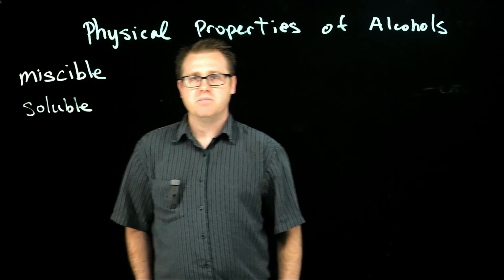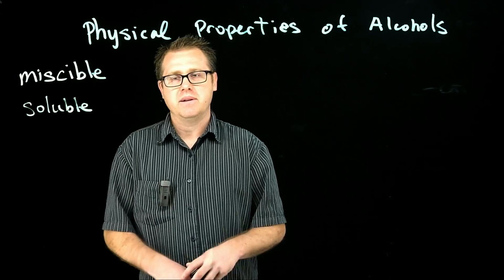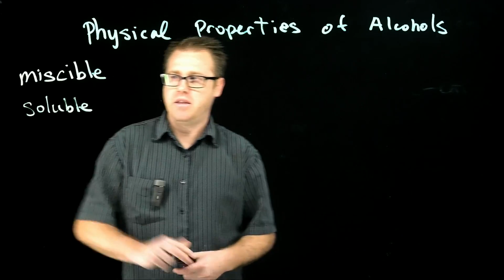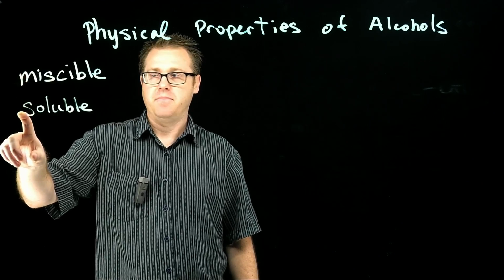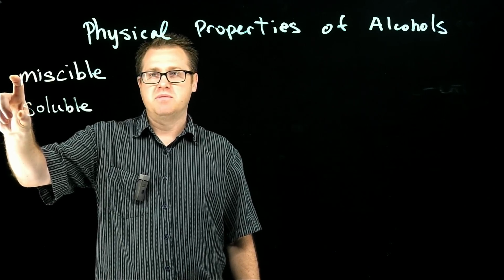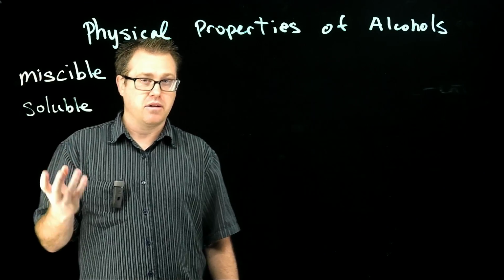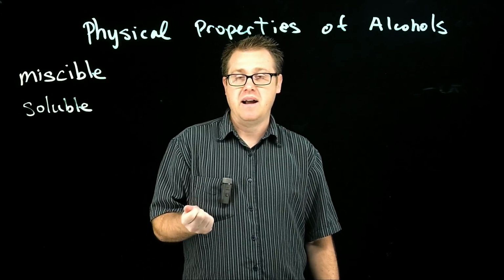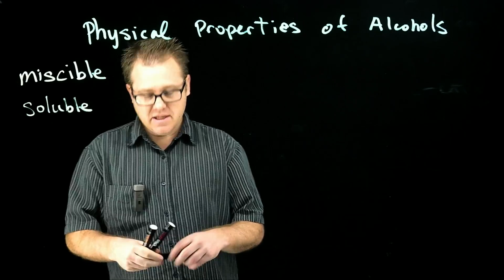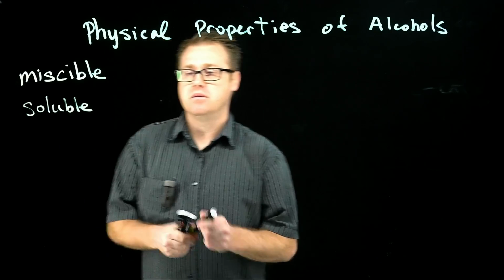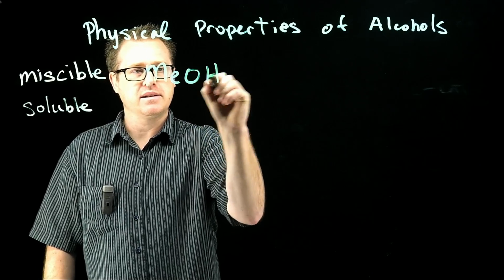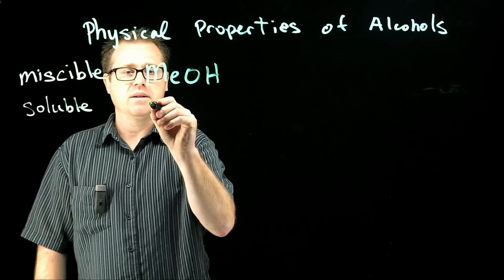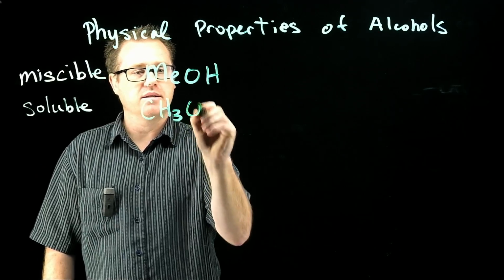Now, the hydrogen bond is going to help us explain these physical properties of miscibility and solubility. Now, these words may sound like they are describing the same thing, but in fact they're not. So let's take a look at methanol. What is methanol? Sometimes you'll see it written like this, or sometimes you'll see it like this.